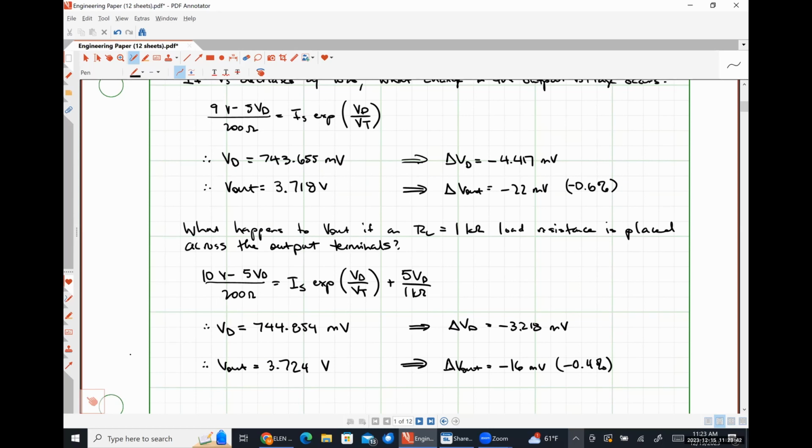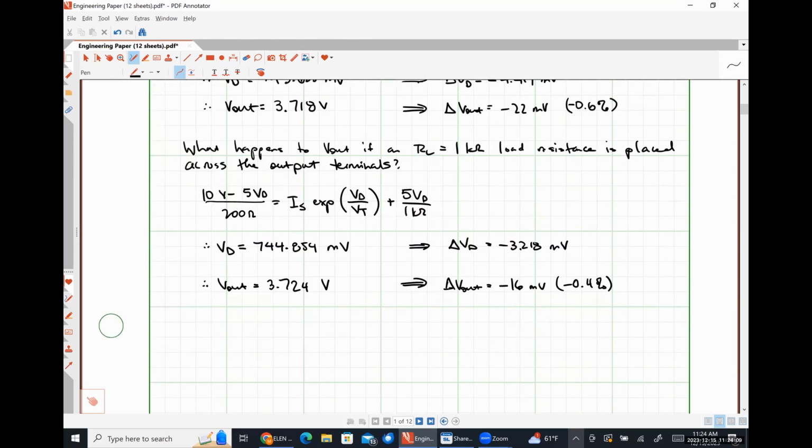Okay? So why is it so stable? It's so stable because our perturbation is only causing a very small change in the DC operating point of each individual diode, right?